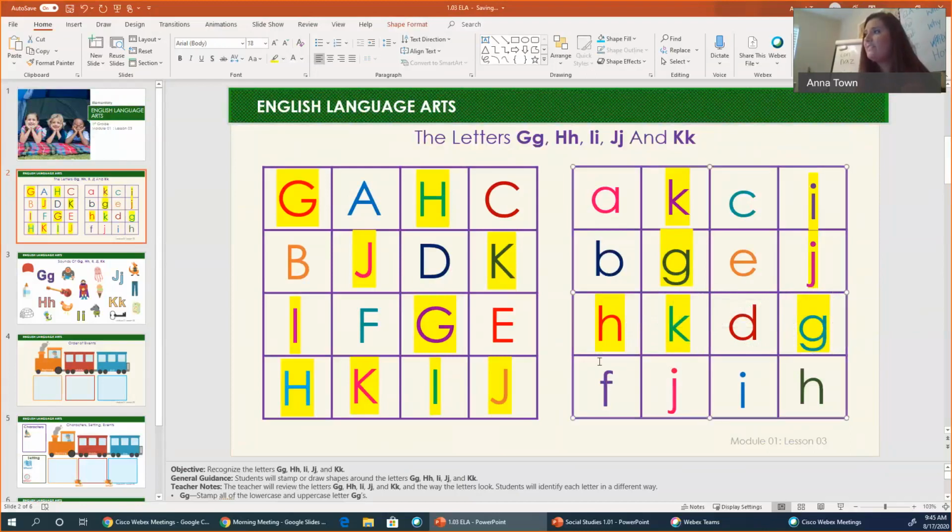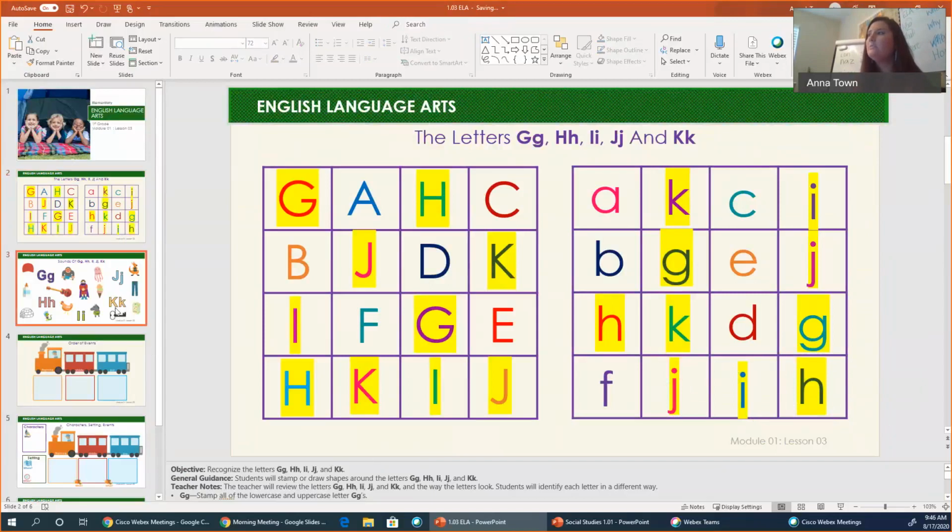We should have left this letter. It is a lowercase f. We should have highlighted this letter right here because it's a lowercase j. We also should have pointed to this letter right here because it's a lowercase i. And lastly, we should have pointed to our last one because it is a lowercase h.